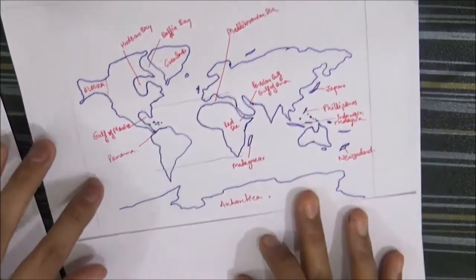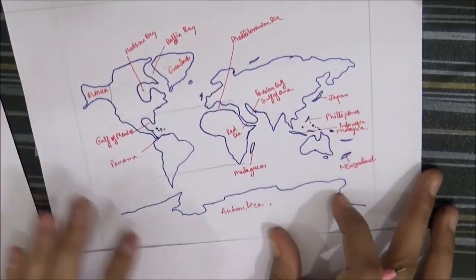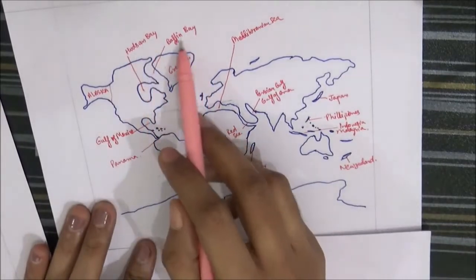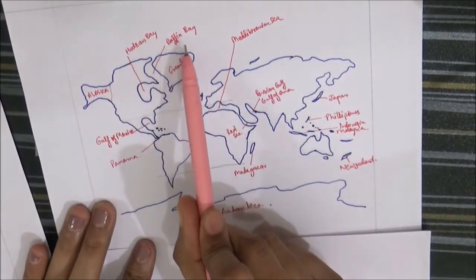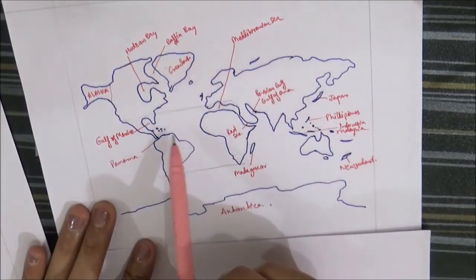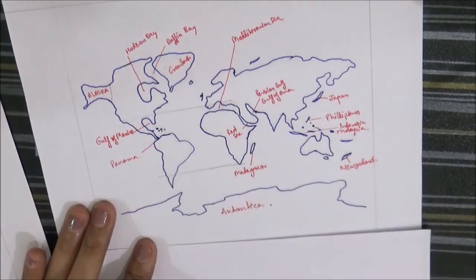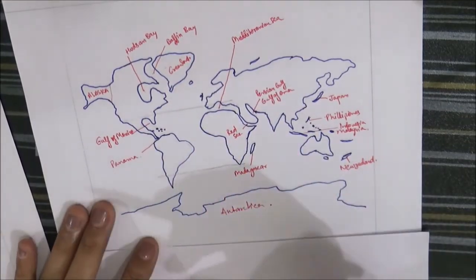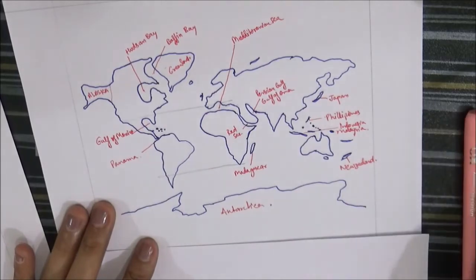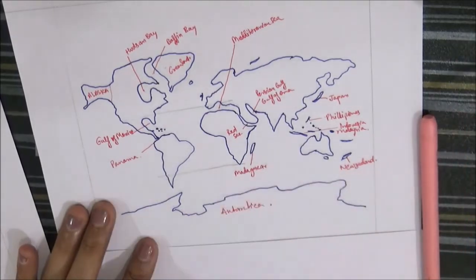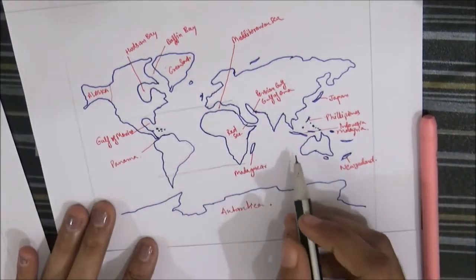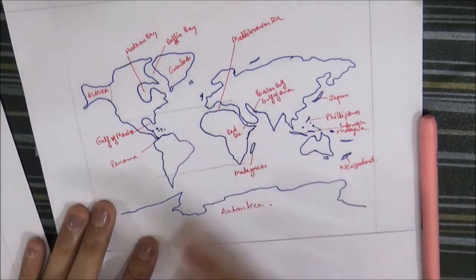So these particular locations will help you to identify and remember the world map in a much better way, and you'll be able to draw it more accurately, and you can use this map in multiple ways.